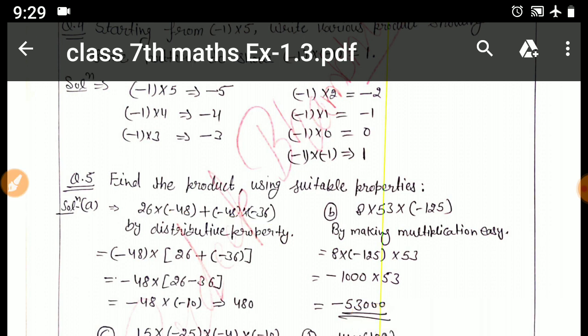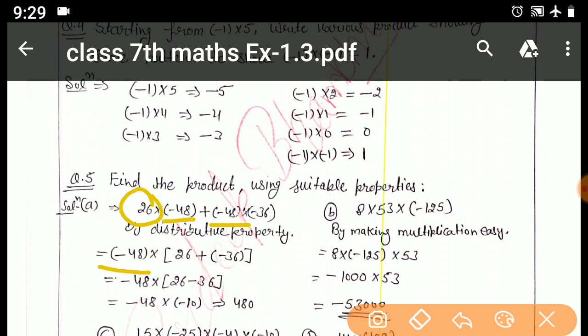We will take minus 48 common from both sides. So minus 48 comes outside, and left behind is 26 plus minus 36. So minus 48 multiplied by 26 plus minus 36. 26 minus 36 gives us minus 10. Now the product of minus 48 and minus 10 is 480.